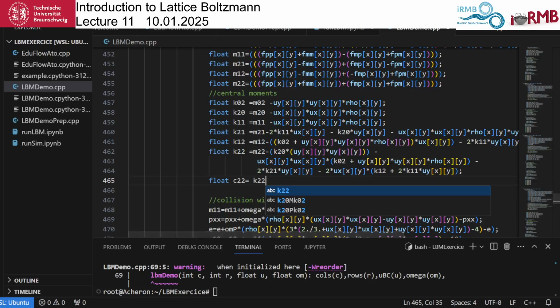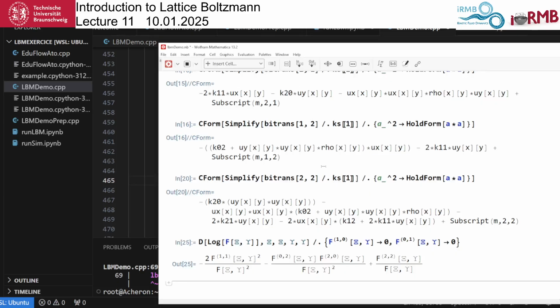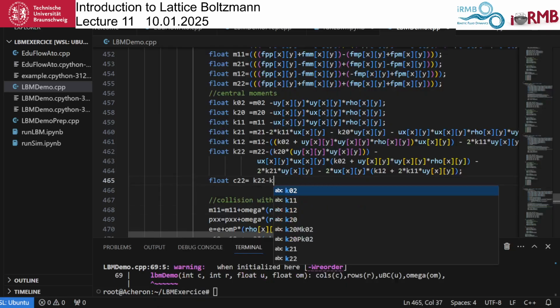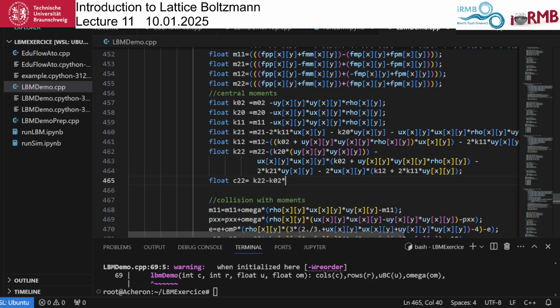It's K22, and then it's minus K02 times K20 divided by rho x and y.